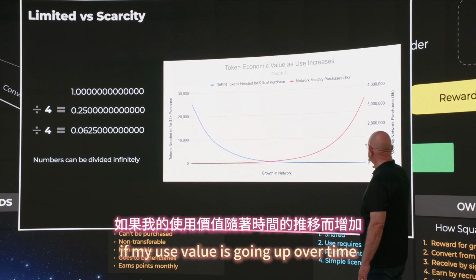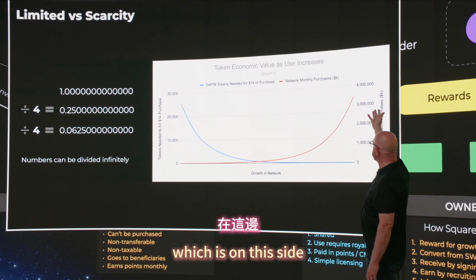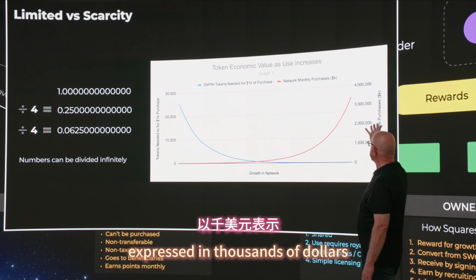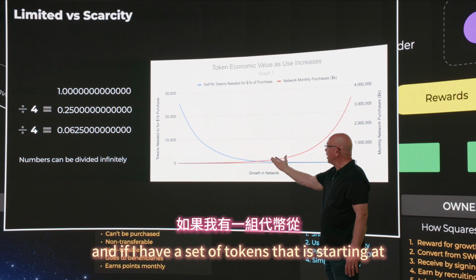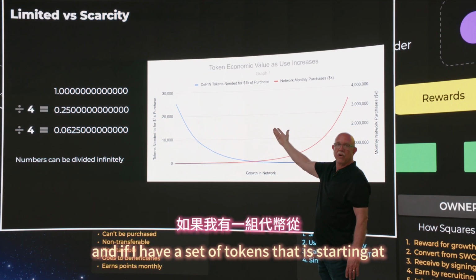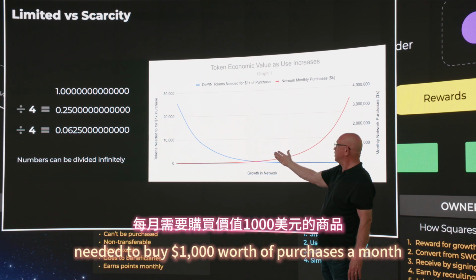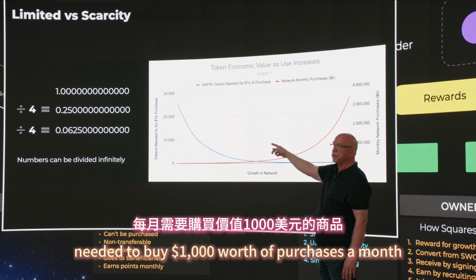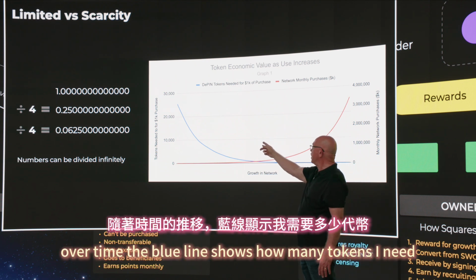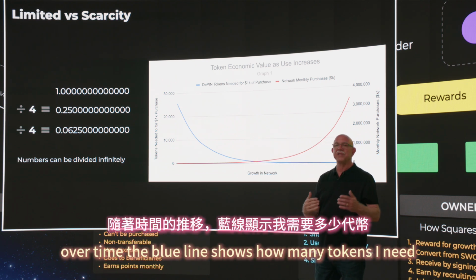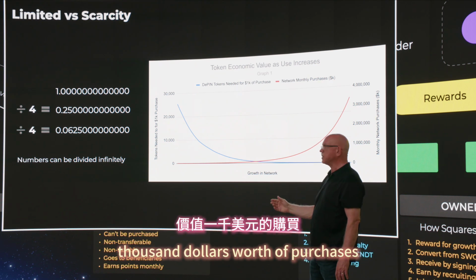If my use value is going up over time, which is on this side, expressed in thousands of dollars, and I have a set of tokens that starts at about 25,000 needed to buy $1,000 worth of purchases a month, over time, the blue line shows how many tokens I need to make that same $1,000 worth of purchases.